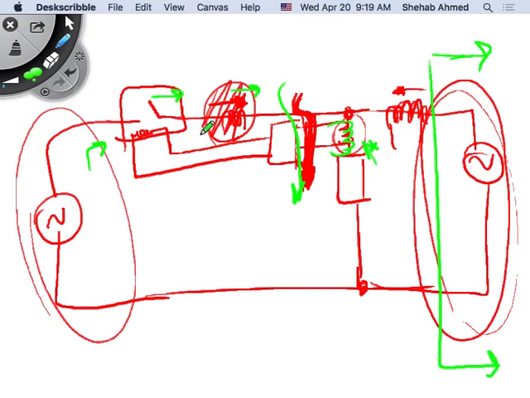So maybe you need another CT here. Right? So where you place these CTs, the current transformers, will depend on where the fault current is coming from, the fault current contribution. That's why fault current contribution is an important consideration. After you calculate the fault current, where is this fault current coming from? Because this will help you define where you put the specific CTs.